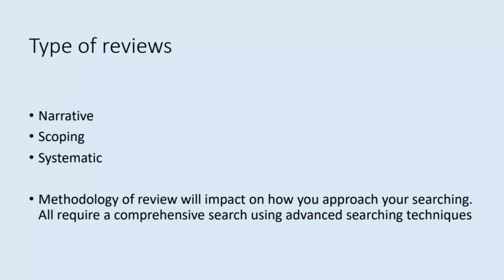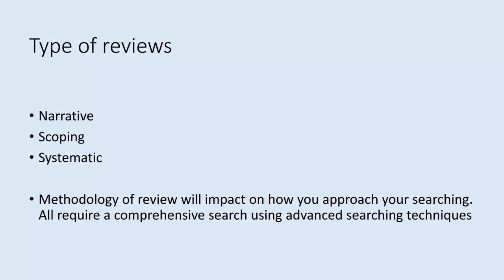Then we've got a scoping review. So again, some of you have mentioned a scoping type review purpose in the chat there. That gives a preliminary assessment of the size and scope of the available research literature on a particular topic.